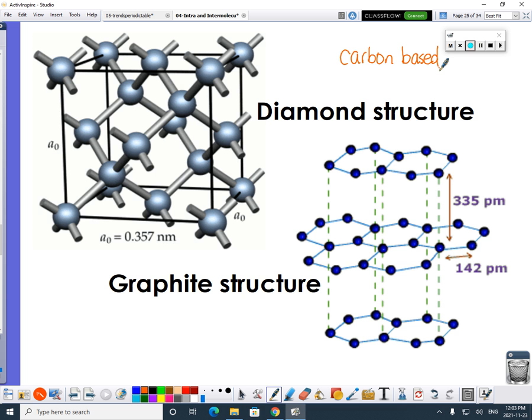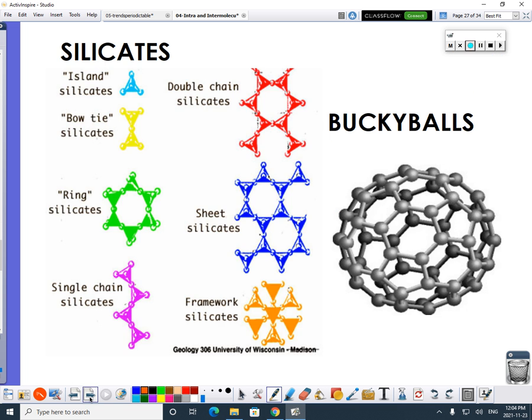And then the newest kind is buckyballs, okay? So these are also carbon, named after Buckminster Fuller. Yeah, so poor guy, okay? And this is revolutionary. And again, those of you that are interested in science, you may choose to study this.